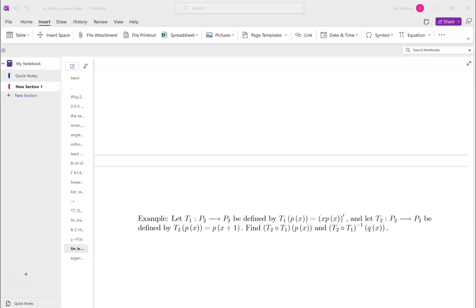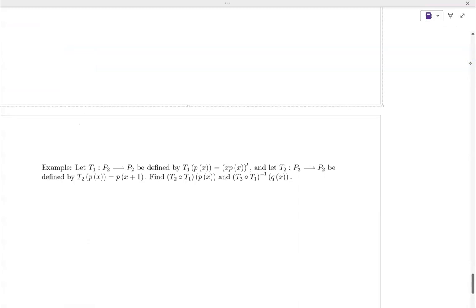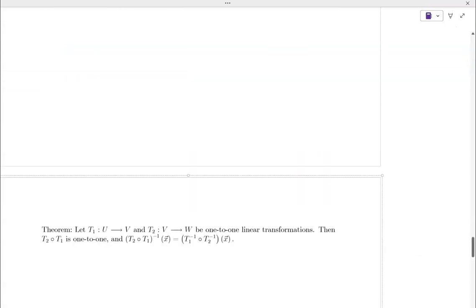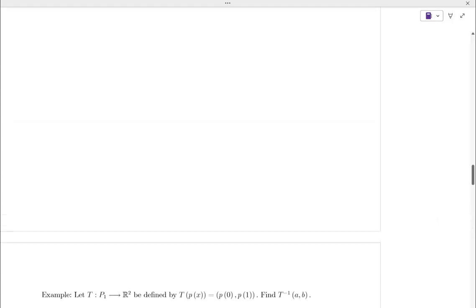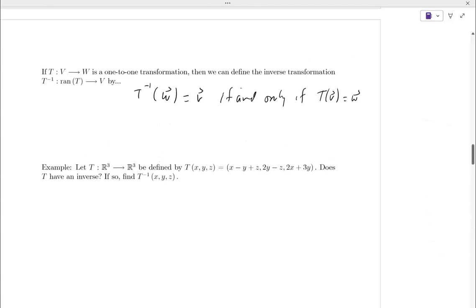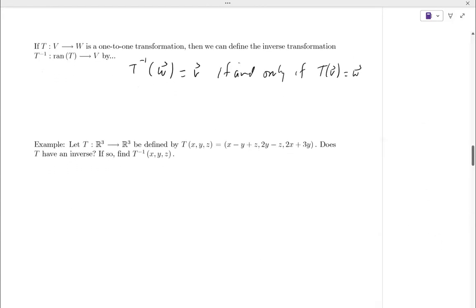All right, so right at the end of class last time, we mentioned how we would go about finding the matrix for the inverse of a transformation.